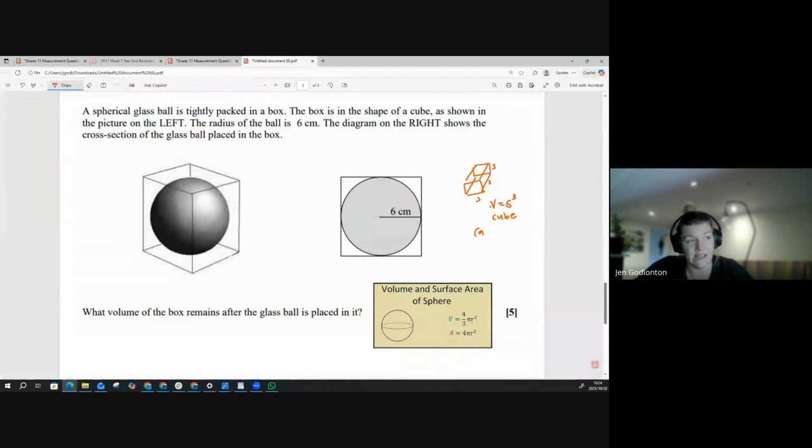Or just think of it as area of base times height of shape. Good. Yes, exactly. S is going to be 12. So this is my radius, and it's going right to the edge.